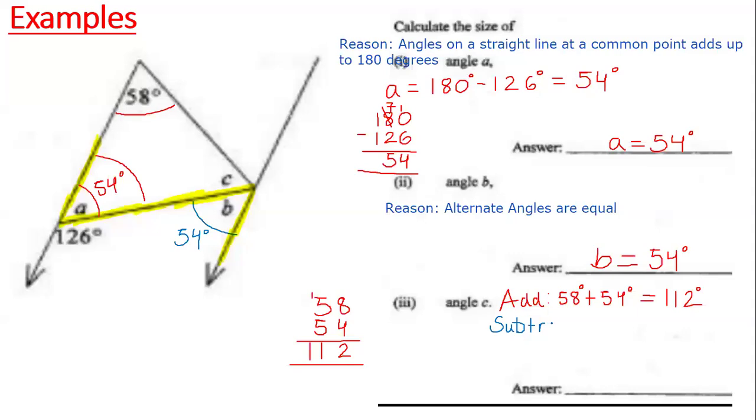And so we have 180 degrees minus 112 degrees, and that equals to 68 degrees.